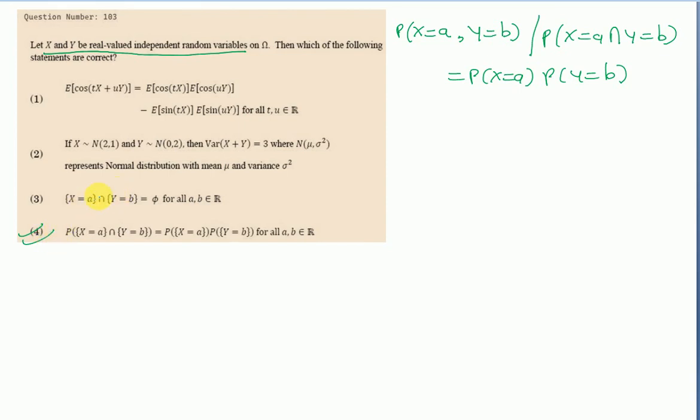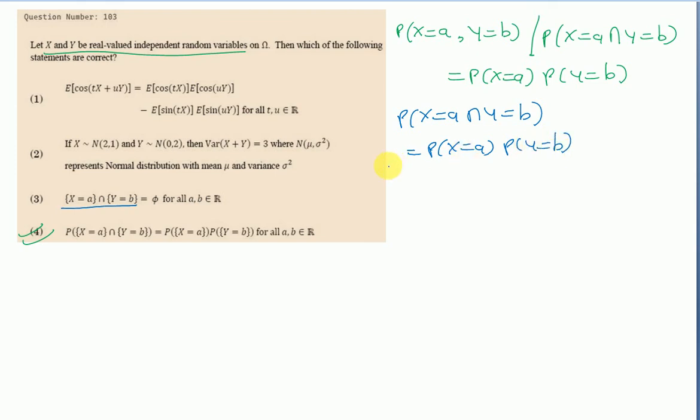Now, x equals a intersection y equals b equals 5. Is it correct? I think it is not. Why? See, probability x equals a intersection y equals b. This left hand side is considered as an event in our probability. If we take this event and find its probability, then we can write it as probability x equals a times probability y equals b.